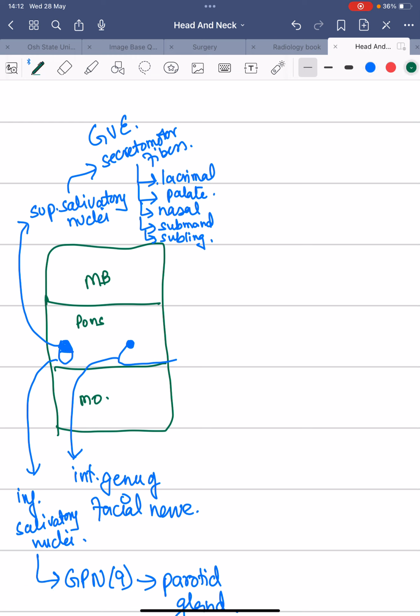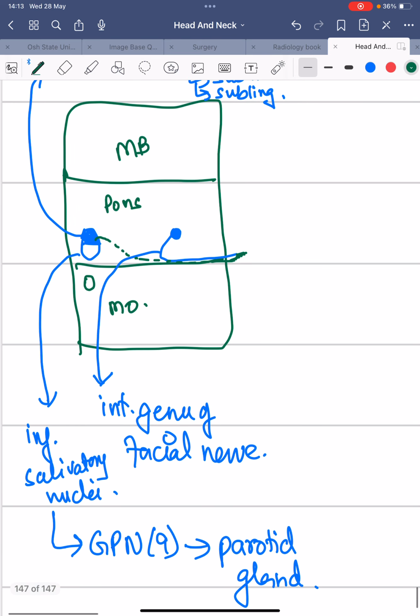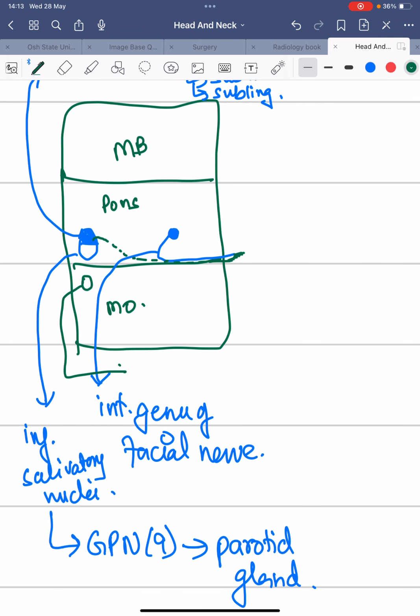Now the nerve fibers from here are also joining the facial nerve here. Okay, and there is one more nuclei here, that is your nucleus tractus solitarius.